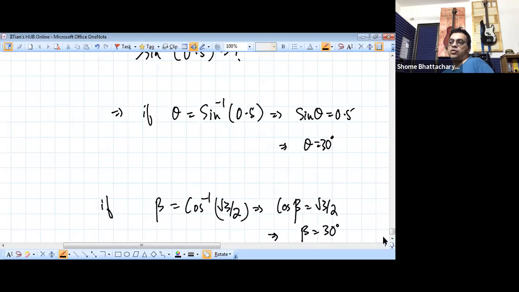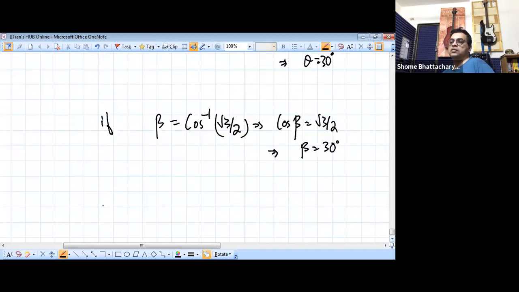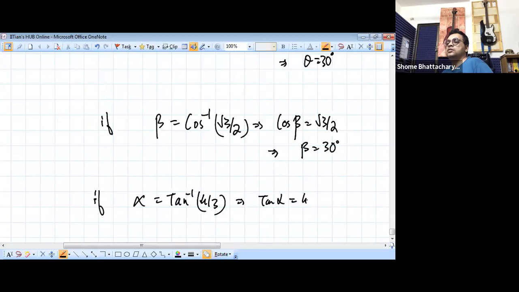Or if I say some alpha is tan inverse 4 by 3, it means that tan alpha is 4 by 3, which you know is the case for which angle? 53 degrees. So this is the meaning of inverse trigonometric functions.